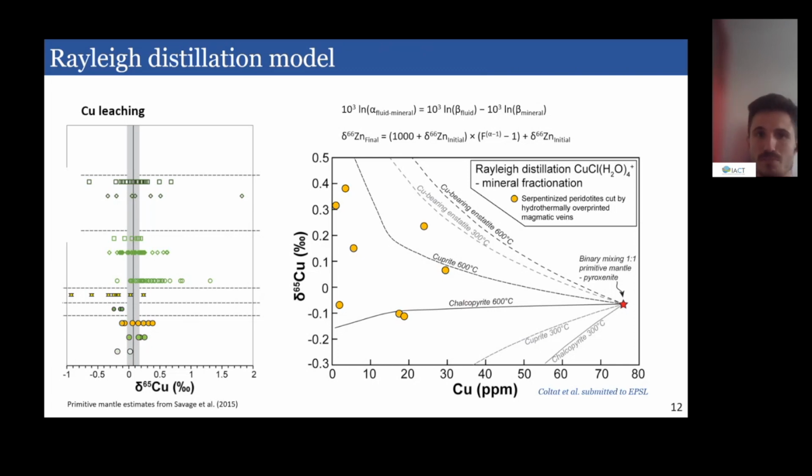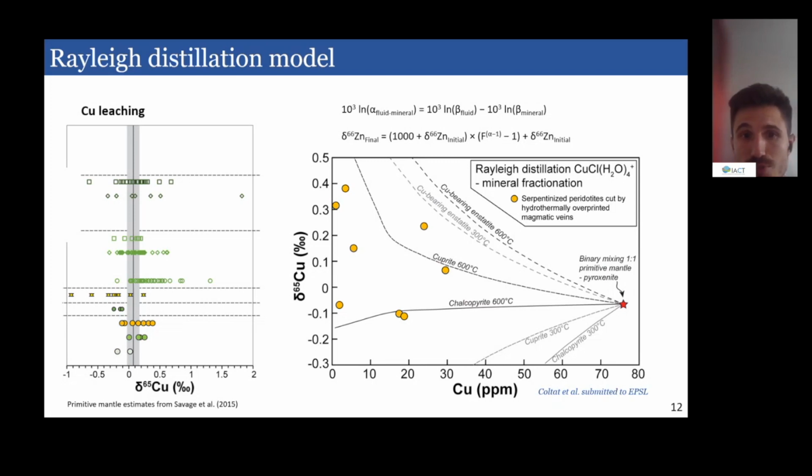To make it simple, what we try to do is to model the isotopic fractionation during interaction with a fluid that leaches out the metals from different copper-bearing phases, for instance chalcopyrite, cuprite, or copper-bearing silicate. And we model this at different temperatures to understand the hydrothermal conditions during the copper leaching.